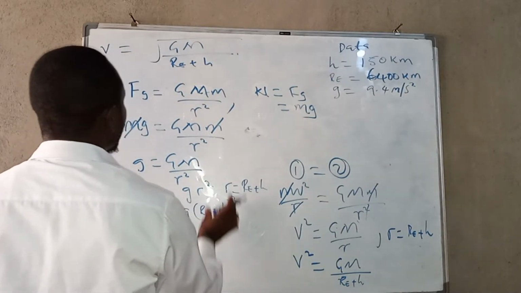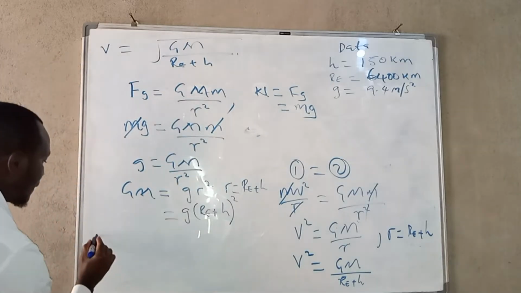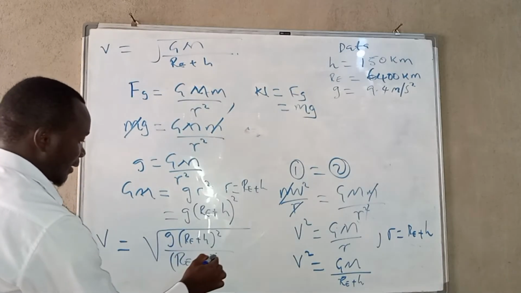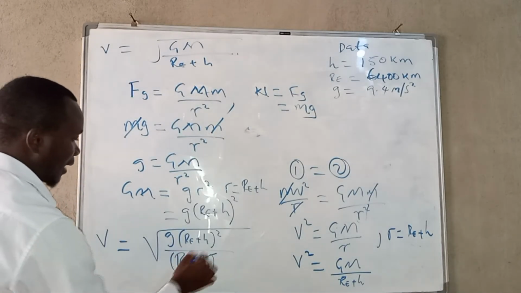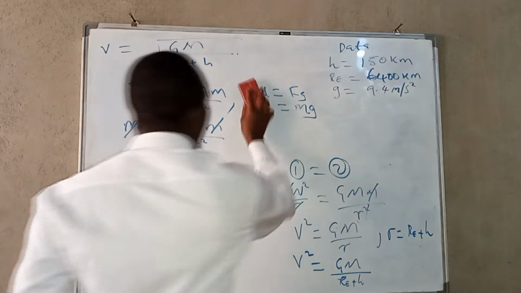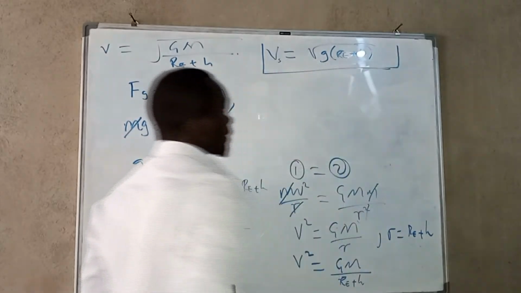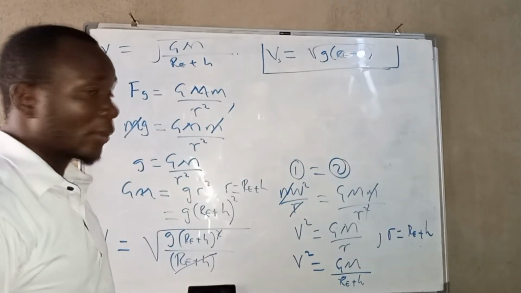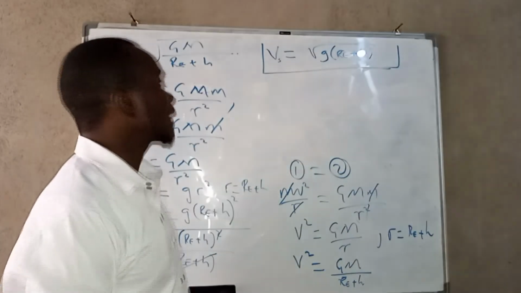If we put this into this, we are going to have v, but this and this are equal, so we can cancel the square root and the square here. And this is the expression that we are going to get for the velocity of the satellite.